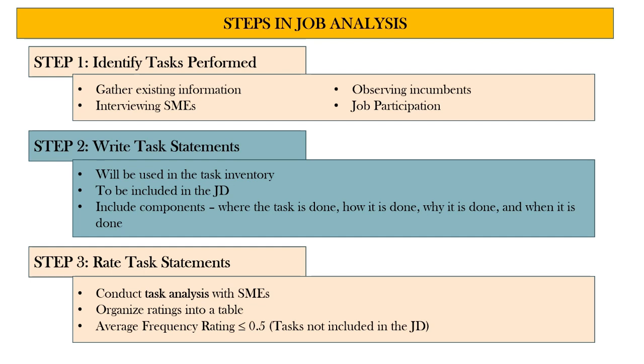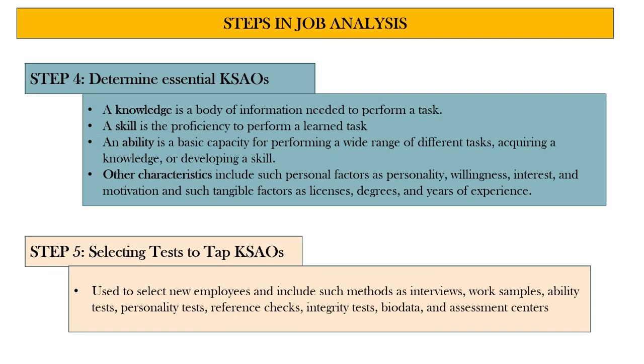Okay? Right, so for step 4, we are going to determine essential KSAOs. For the information of everyone, K for knowledge is a body of information needed to perform a task. So when someone asks you what this area is, it's actually what you know about the job.